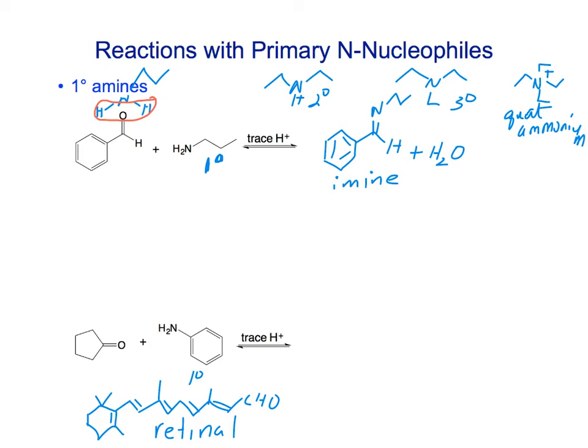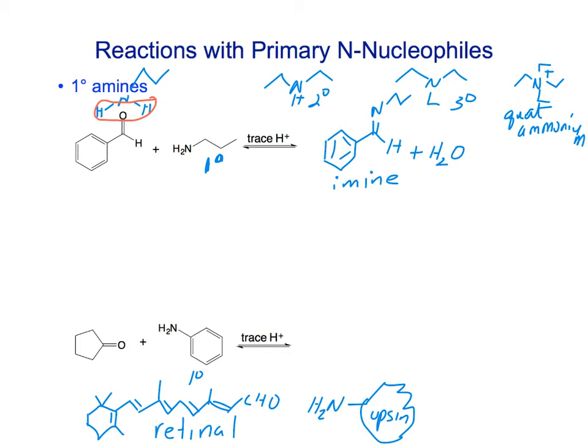Okay? So beta-carotene essentially gets cut in half to form retinal, and then retinal reacts with, and I'll just draw it like this, with a protein called opsin. Okay?